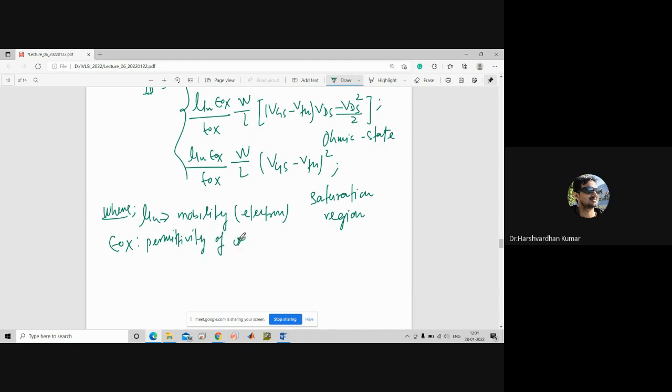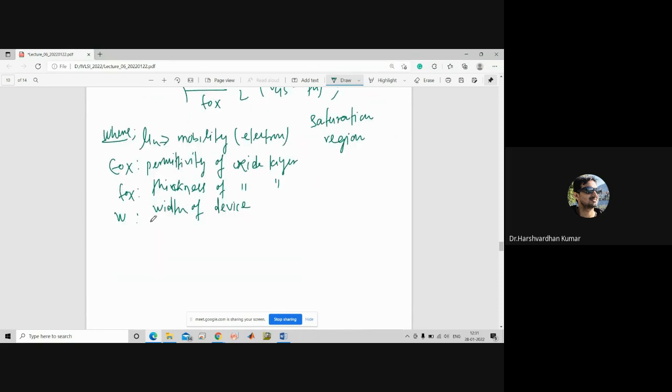And T ox is the thickness of oxide layer. And what is the W? This is the width of the device. I will let you know what is this. And L is the channel length. The distance between source and drain is known as the channel length.